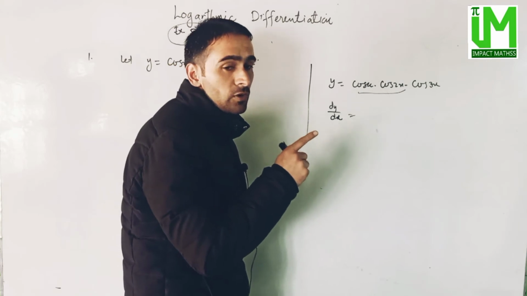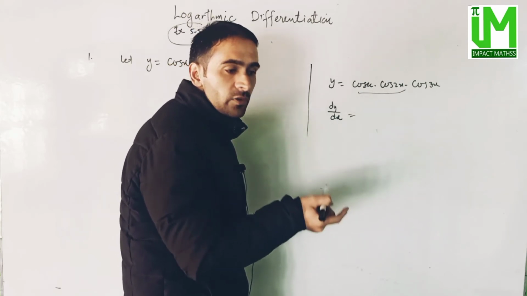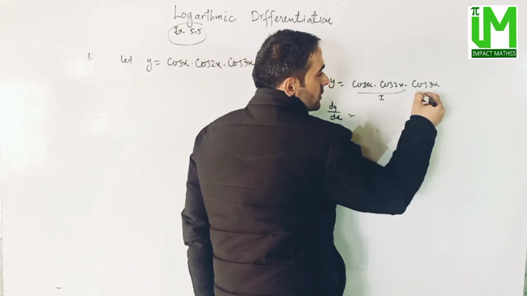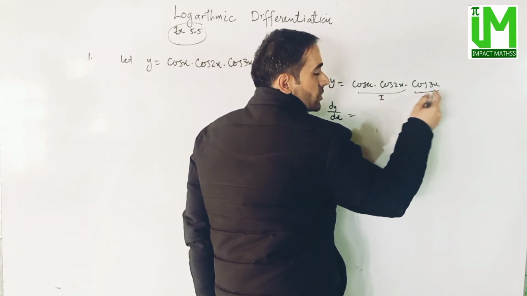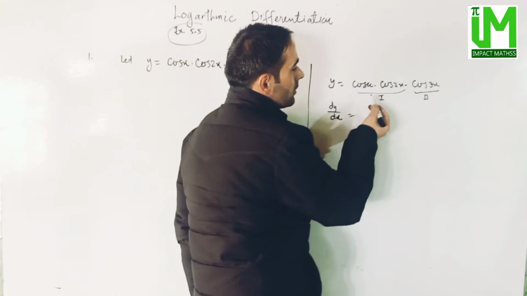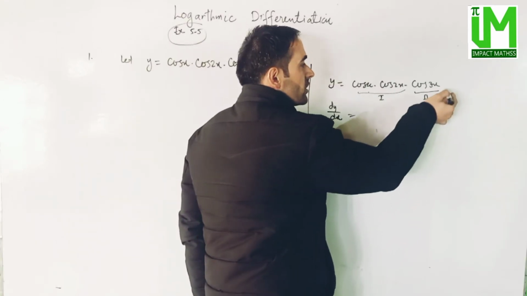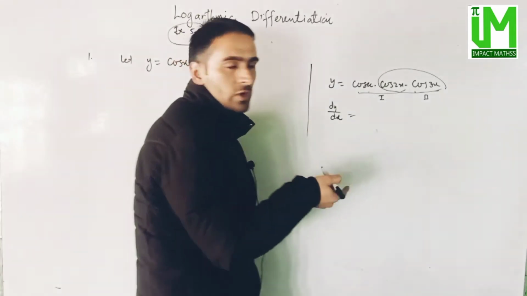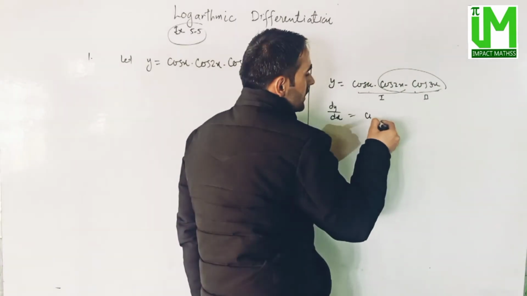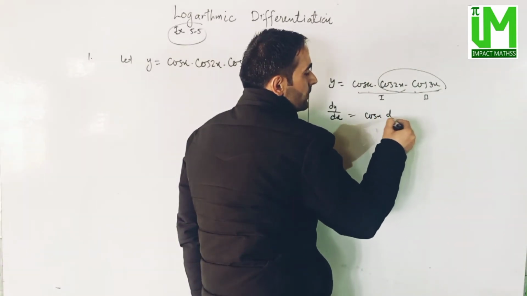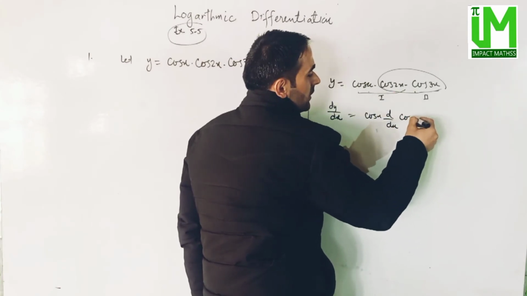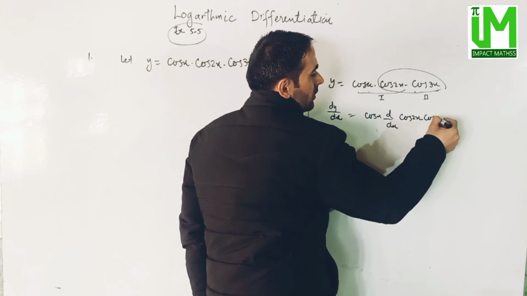So if we differentiate this, we have to apply the product rule. We treat this as the first function and this as the second function, or alternatively treat cos x as the first function. So we will be applying the product rule: first function cos x into d by dx, that is, the first function into the differentiation of the second function, which is cos of 2x into cos of 3x.